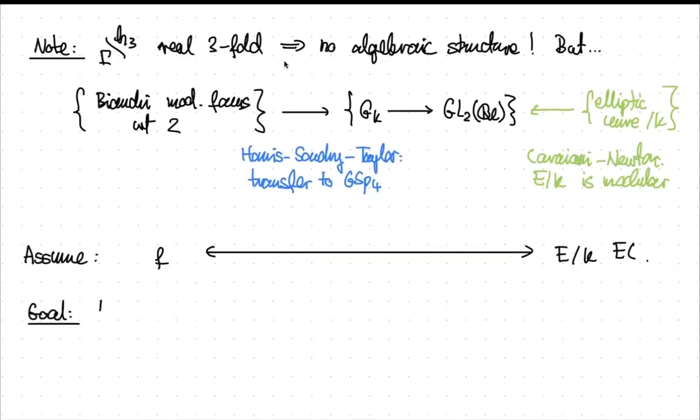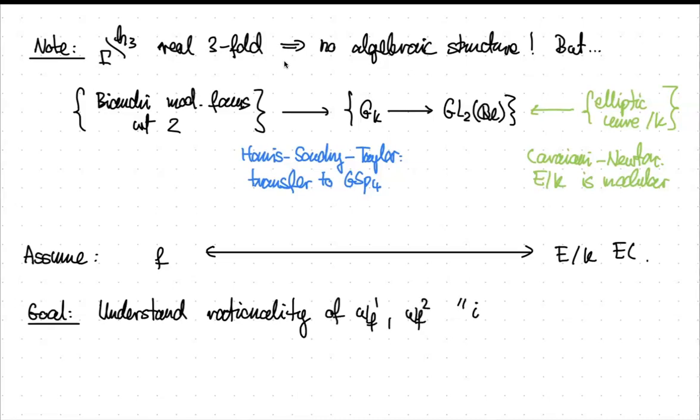And so the next goal I want to set myself is to understand the rationality of these classes, omega f1 and omega f2. And I'm going to say loosely in terms of E. So I would like to understand how the elliptic curve knows about the rationality properties of omega f1 and omega f2.